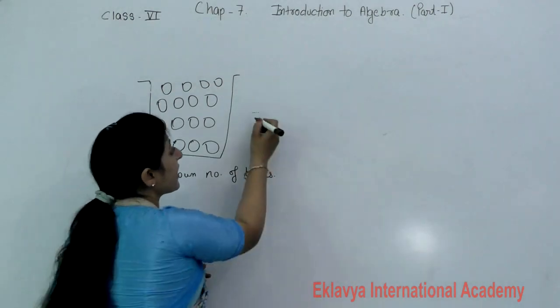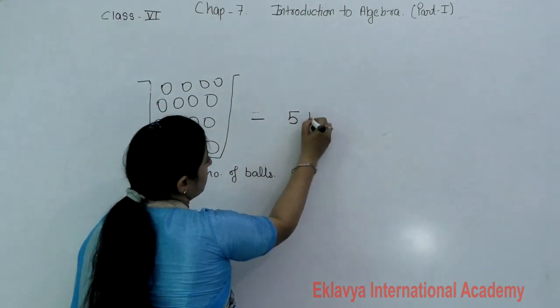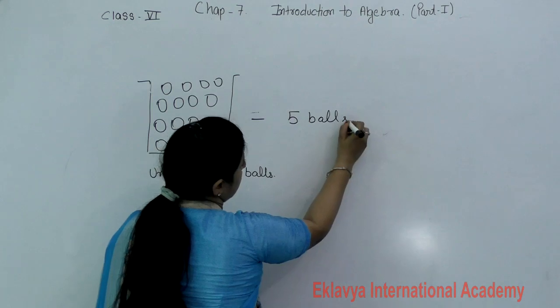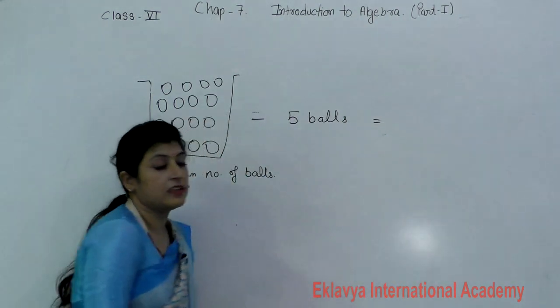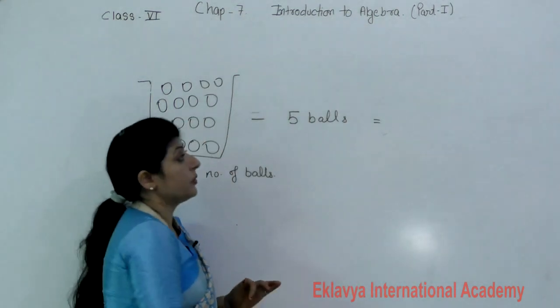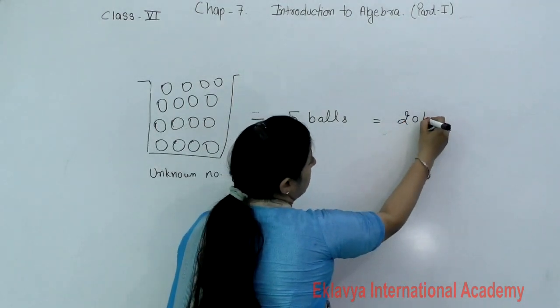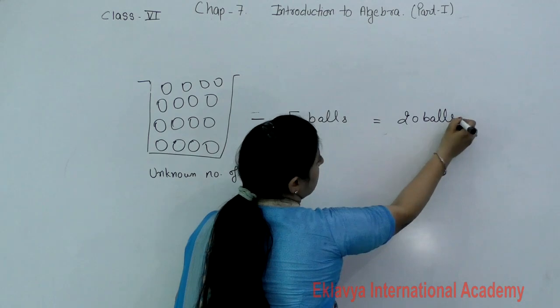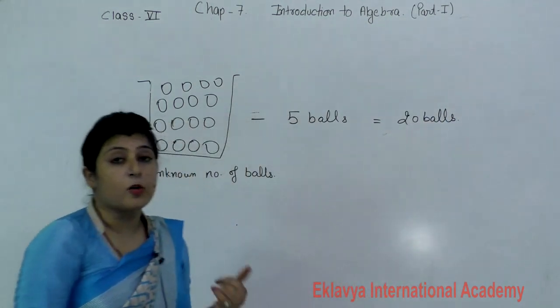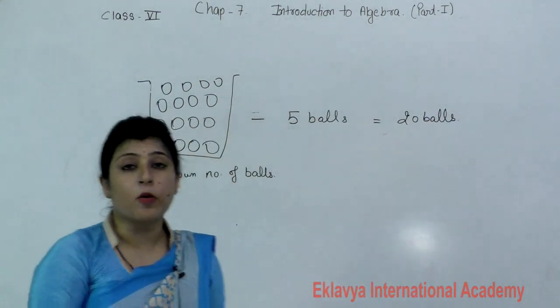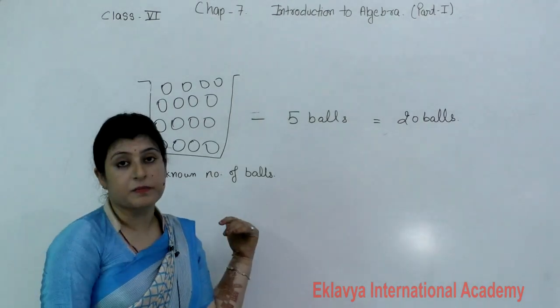From this we take out 5 balls. Then it is given to you that the remaining balls are 20. Then our question is, how many balls are in the bag?